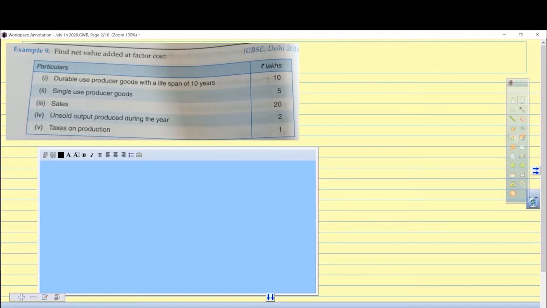So with this information we can find out the amount of depreciation. Depreciation is equal to cost of the machine divided by lifespan. Here it is 10 divided by 10 equal to 1. So 1 lakh is the amount of depreciation in this particular question.